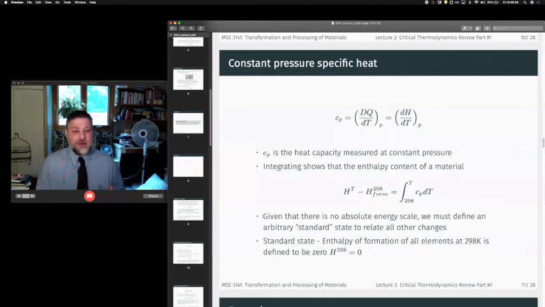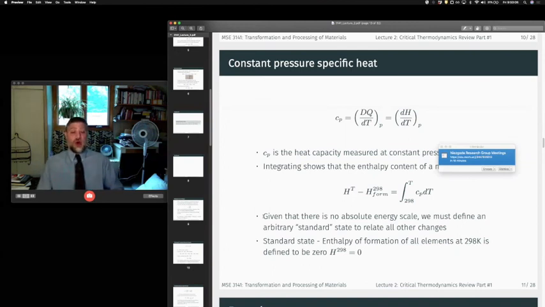But we have no absolute energy scale. Everything in thermodynamics, we're generally talking about relative changes, with the exception of temperature. There, we do have an absolute temperature scale, but we have no absolute energy scale. So we have to define an arbitrary standard energy state to relate all of these other changes to.